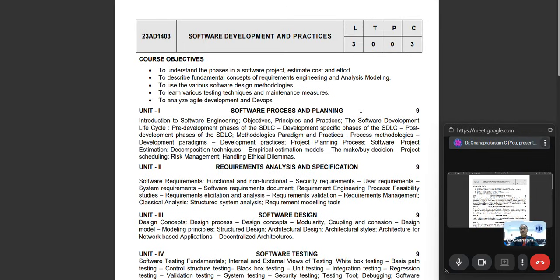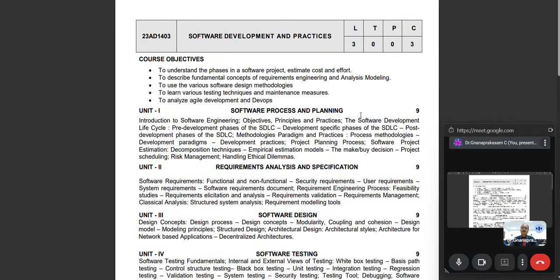Modeling principles describe a structured design: what our system needs, and what essential components our project needs to implement the architecture. So these are the third course objective in Software Development and Practices.